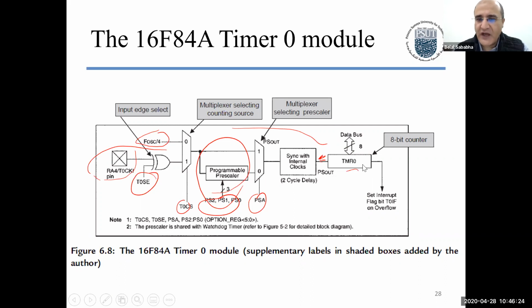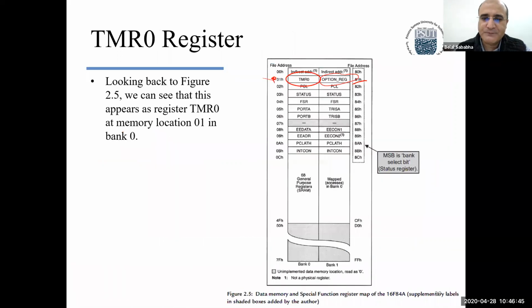And we know that the timer, when it reaches its maximum, 8 ones, which is 255, and receives another clock, it will overflow. And in this case, the timer 0 interrupt flag will be raised. And if we enable the timer 0 overflow interrupt, it will cause an interrupt and take us to the interrupt service routine. So we can choose when an interrupt happens.